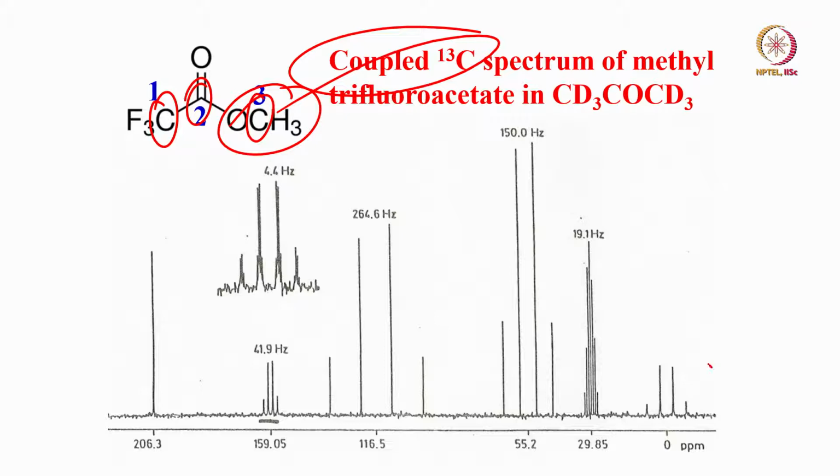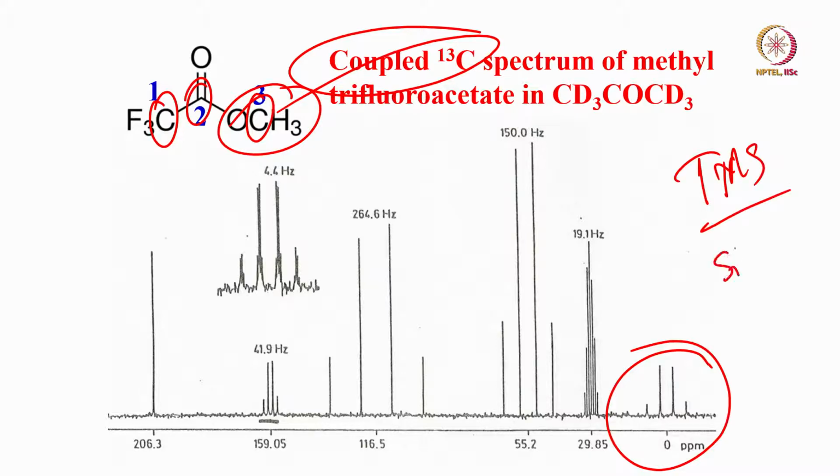First remember, at the reference 0 we have a quartet. What is the reference we use? TMS. TMS has a Si with 4 CH3 groups, and this carbon is coupled to 3 equivalent protons and gives rise to a quartet. As a consequence, at 0 reference you have a quartet. This is TMS, easy to interpret.